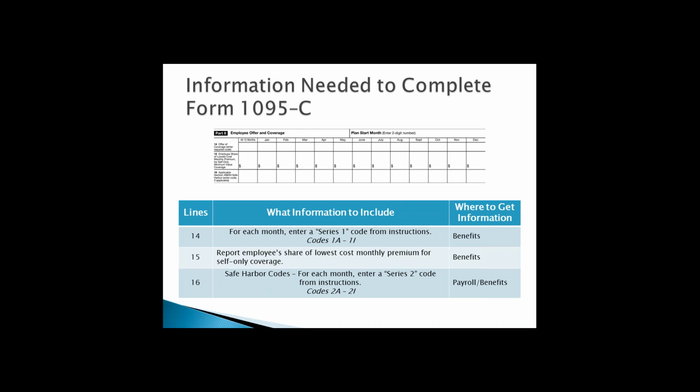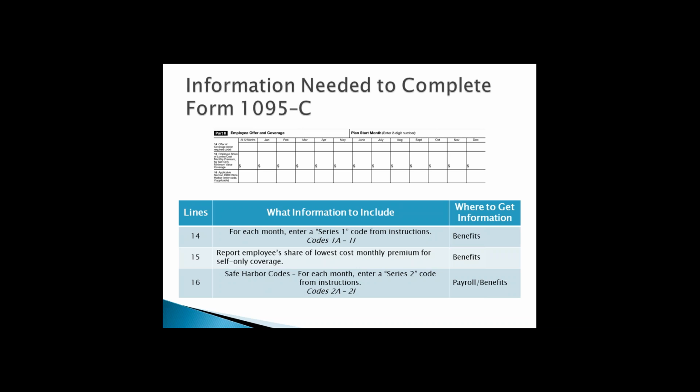So line 16 is the applicable section 4980H safe harbor, where a Series 2 code is required if applicable. An employer will enter a Series 2 code on line 16 to report for one or more months of the calendar year that one of the following situations occurred.